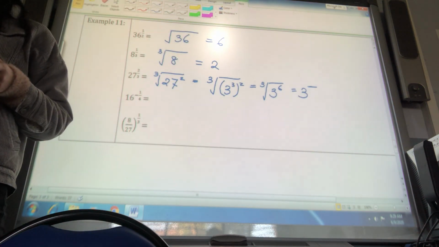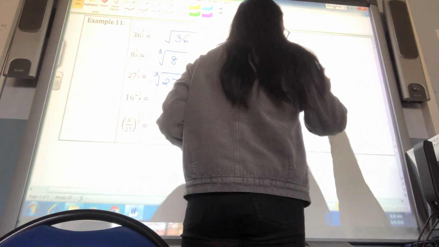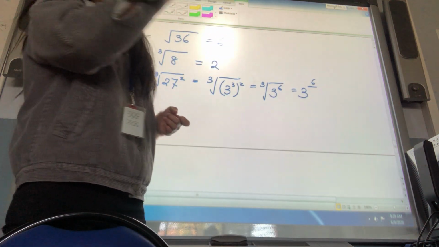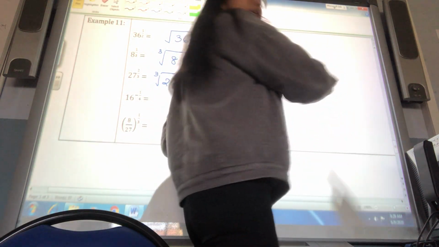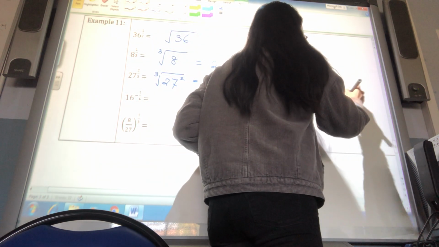What's inside? 6. And what's outside? That's 3. So 6 over 3, this is 2, right? So we can further simplify it to 3 squared. And that's equal to 9.